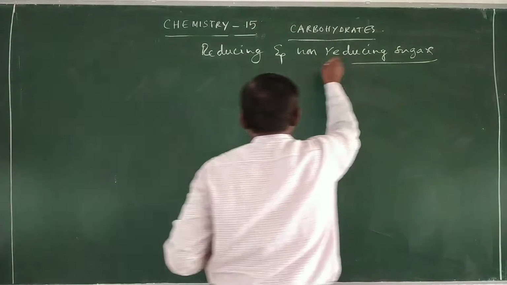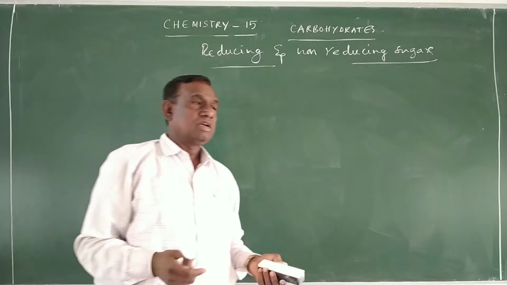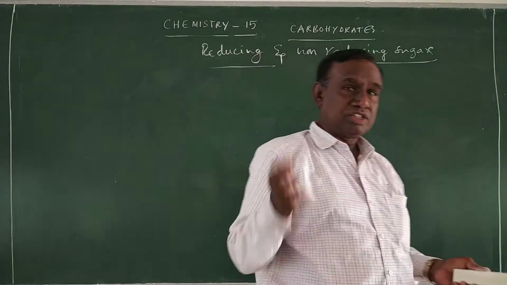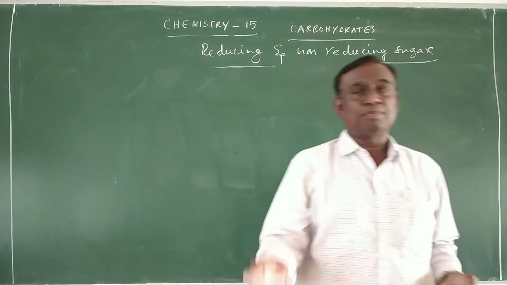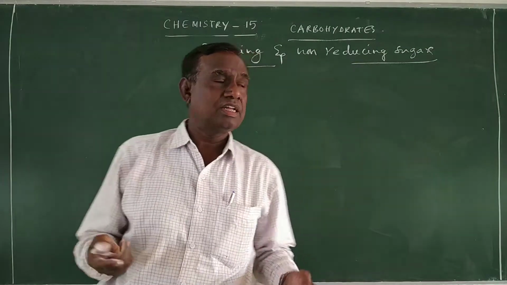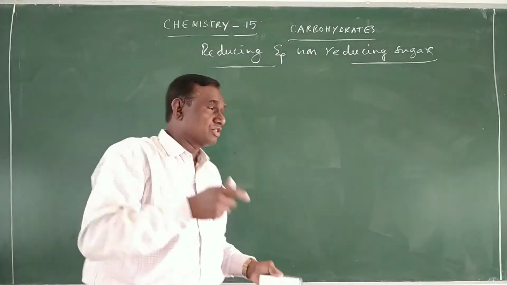Here, reducing sugars are nothing but the carbohydrates or the sugars which reduce Tollens reagent into bright silver mirror and Fehling's solution into red precipitate of cuprous oxide. What is that? Reducing sugars are the sugars which reduce which one?